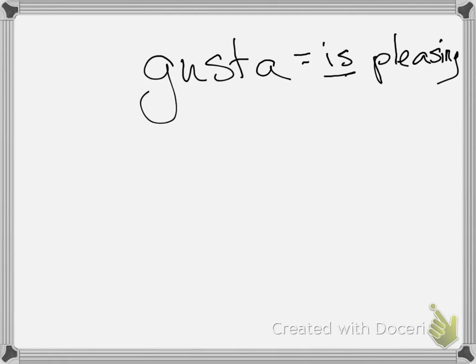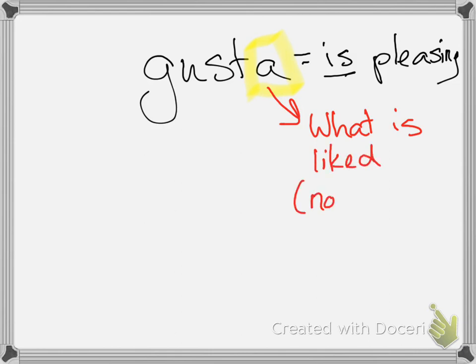This ending on gusta is going to go along with what is pleasing. This represents what is pleasing or what is liked, not who likes something. It doesn't represent who likes, it represents what is liked.